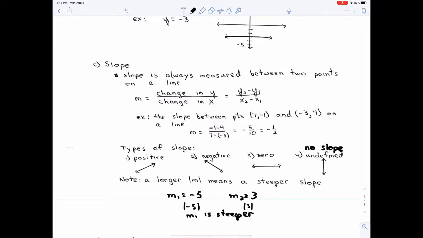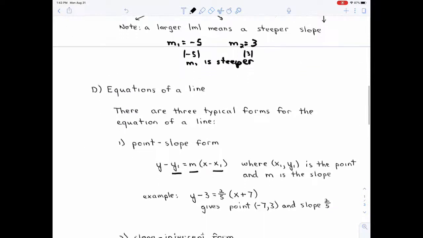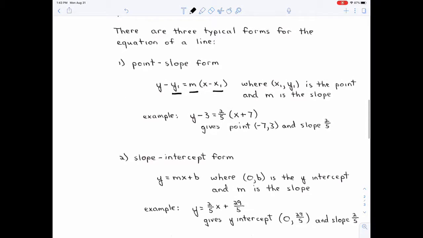So look at this, slope is the change in y over change in x. If we go back and look at this point-slope form, all the point-slope form is the slope formula without fractions. Okay, what's the formula for slope? Slope equals the change in y over the change in x.